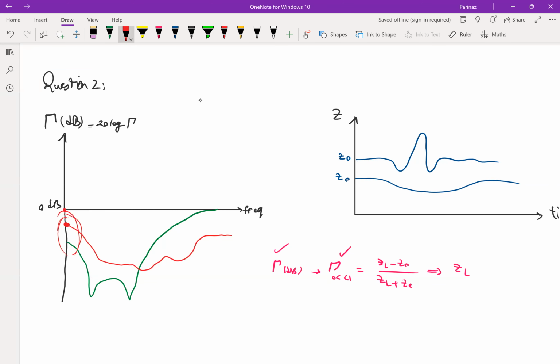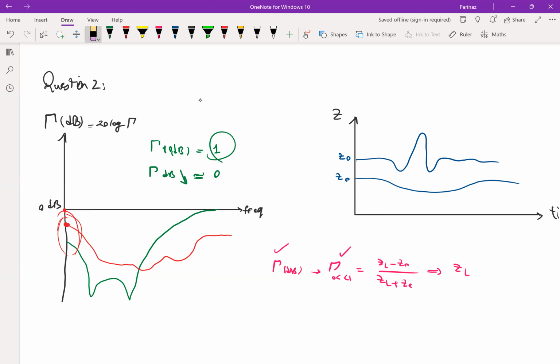Now, if you look at higher frequencies, the green one is basically having a 0 dB reflection coefficient. 0 dB corresponds to 1, meaning that every part of the signal is getting reflected. If in dB we have a very low value, then in absolute value it's close to 0. The lower it is in dB, the better, meaning that we have less reflections.